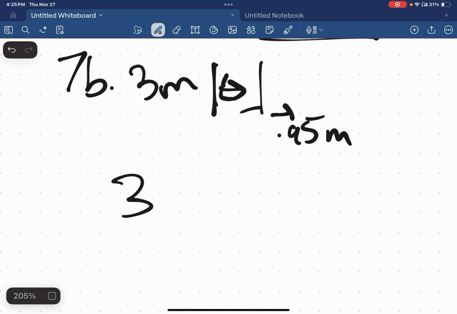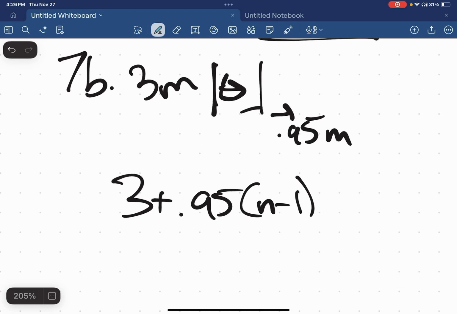We can use this formula here. It's arithmetic, so let's write it in our usual form: 3 plus 0.95 times n minus 1.